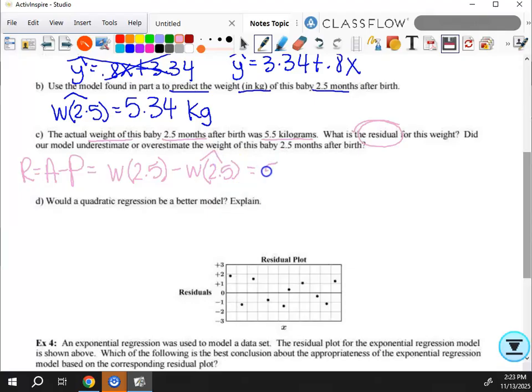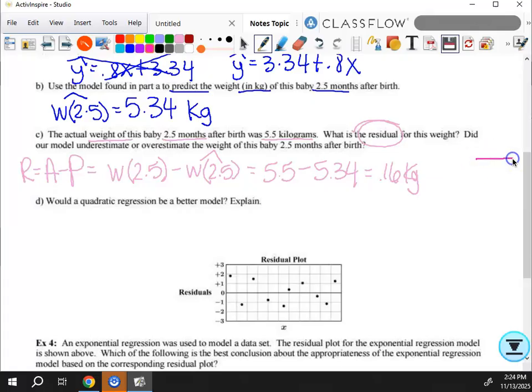So the actual is 5.5. We subtract the predicted, which is 5.34. And what does that give me? Yep, 0.16 kilograms.